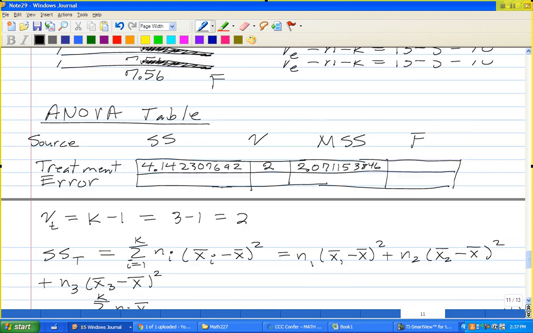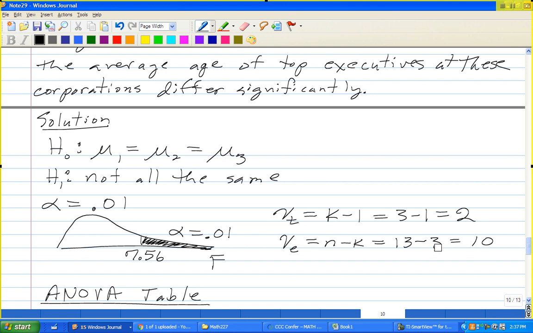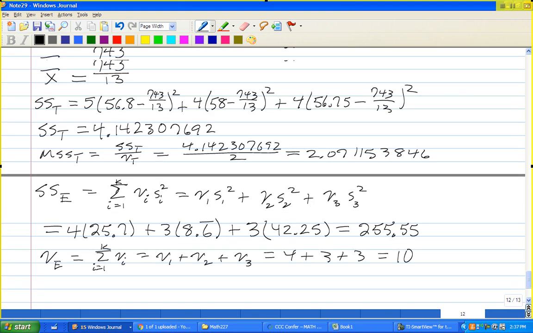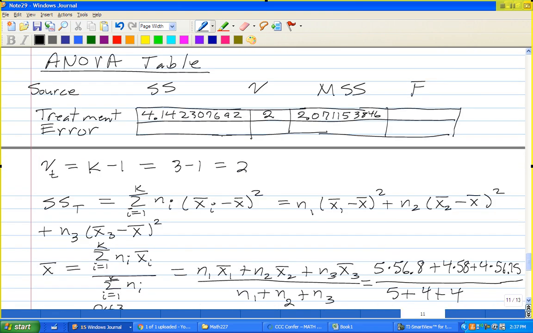It's the same thing as what I did before, just a different way, but it gives the same answer. So notice the degrees of freedom is 10 and 255.55.